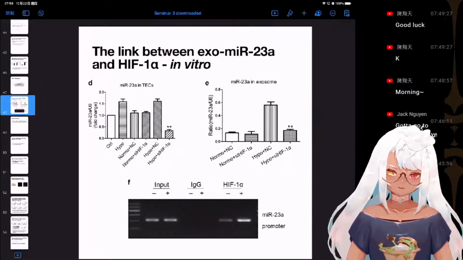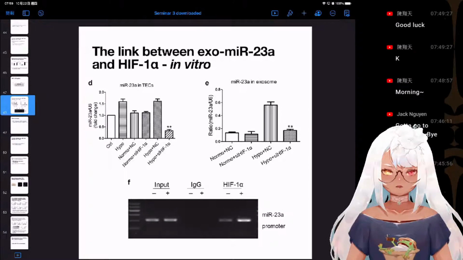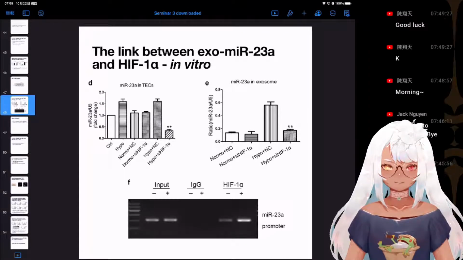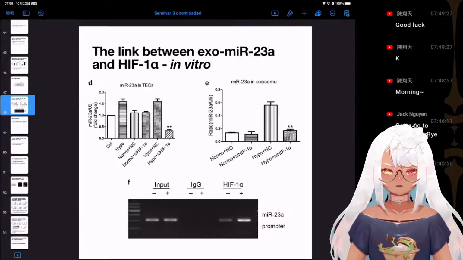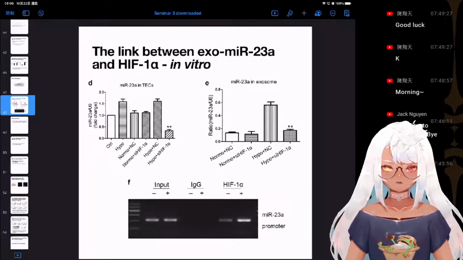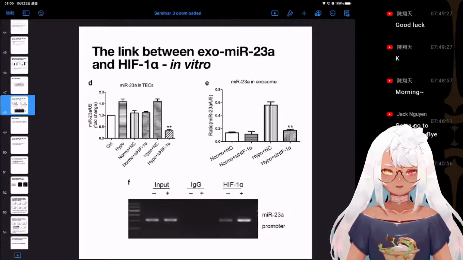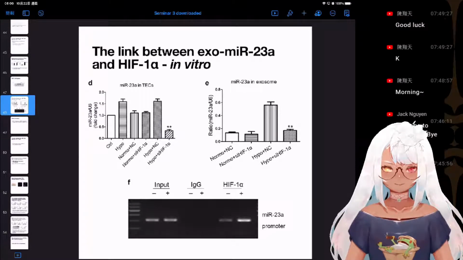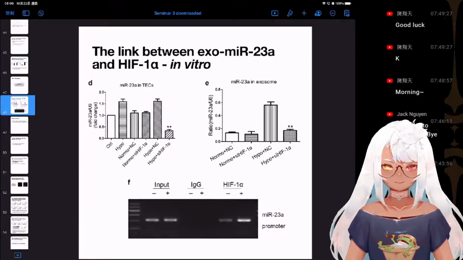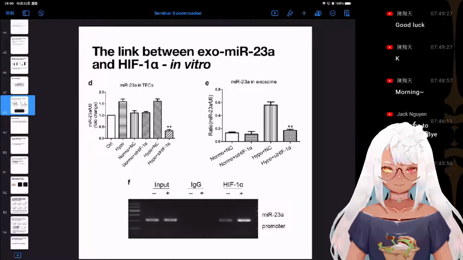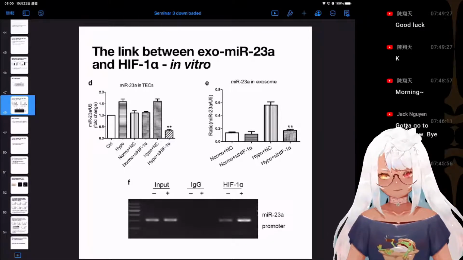Then they use this siHIF1A RNA to treat TECs under normoxia or under hypoxic condition. As a result, in terms of the level in TEC using qPCR, under normoxia the knockdown of HIF1 alpha does not significantly affect the expression.